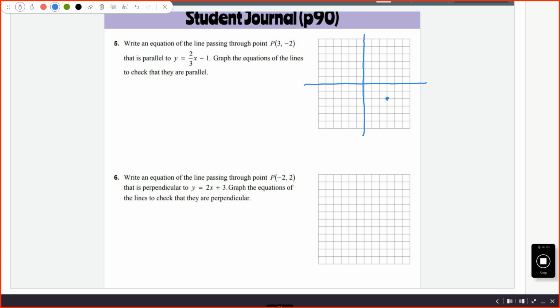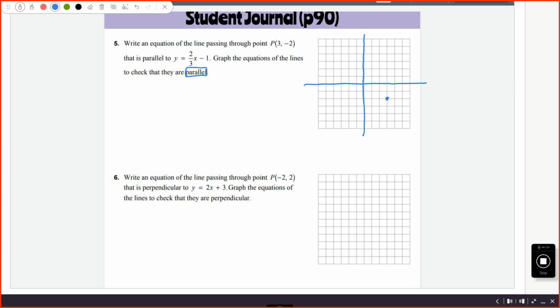Okay, now what are they asking us to do? They're asking us to graph an equation that is parallel to the original line. But what is your original line? The original line is y equals 2/3 x minus 1, yeah? We want another line to be parallel. So what do we know about the slopes of parallel lines again?